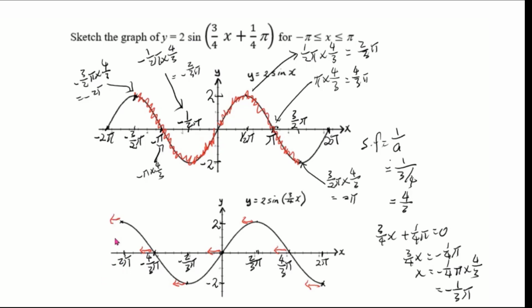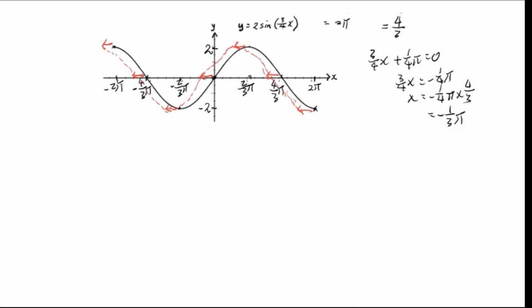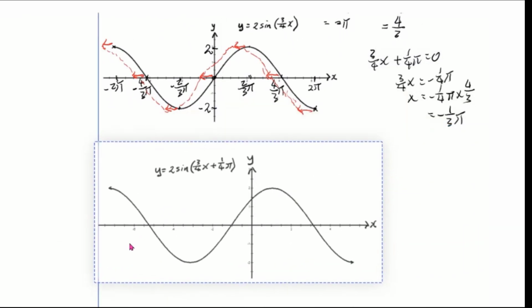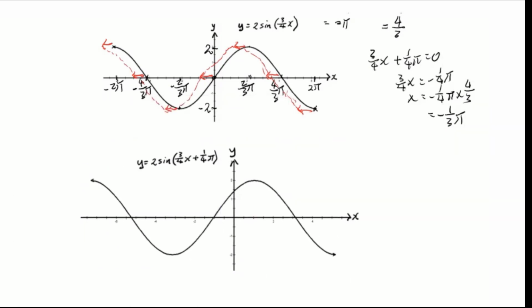So generally after shifting to the left, the whole curve roughly looks like this. Now after shifting, the graph looks like this. Now we need to label the graph.